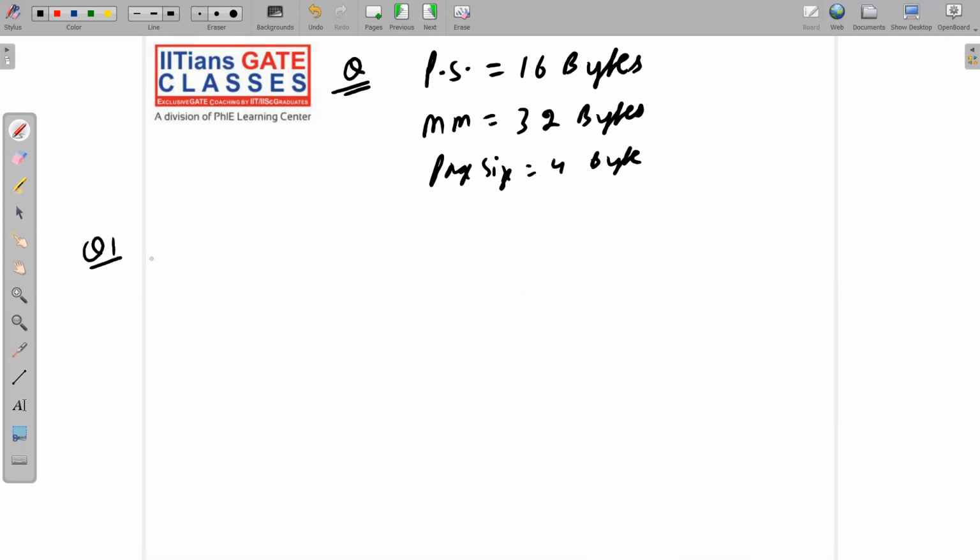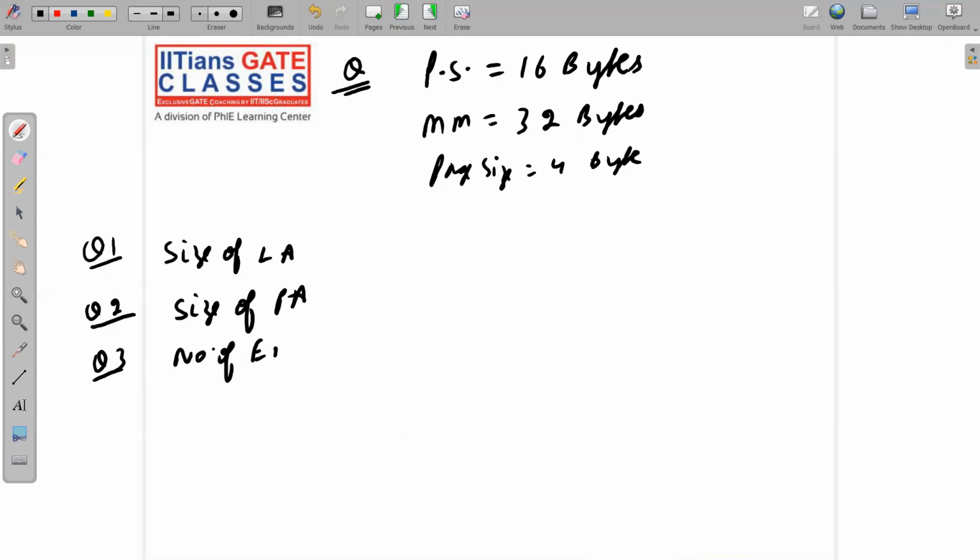Question number one is size of logical address, size of LA. Question number two, size of PA, that means physical address. Question number three, number of entries in page map table.